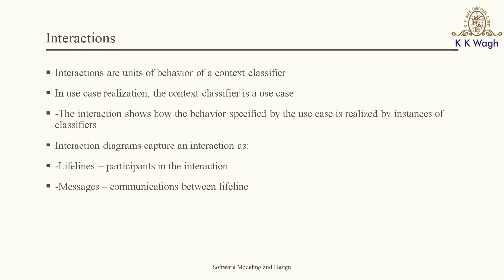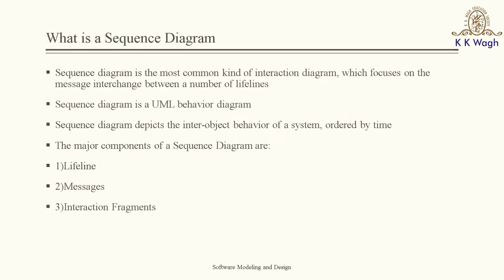And next, what is a sequence diagram? Sequence diagram is the most common kind of interaction diagram, which focuses on the message interchange between a number of lifelines. Sequence diagram is a UML behavior diagram.